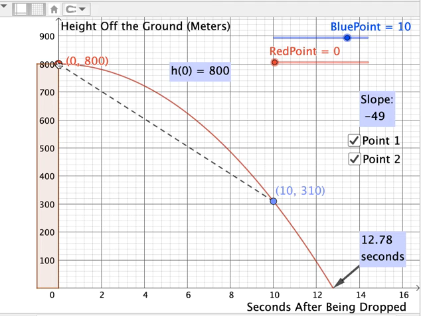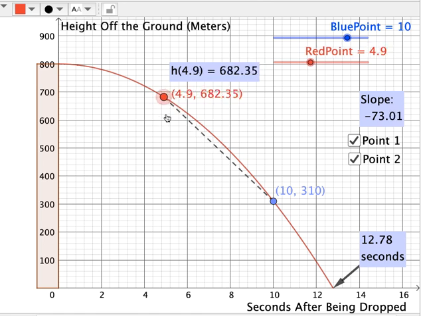So it dropped from 0 to 10 seconds, it dropped 490 meters. So the travel was negative 490 meters, which means that the average velocity was negative 490 over 10, or negative 49 meters per second. So that's the interpretation of the slope of this line segment connecting these 2 points here.